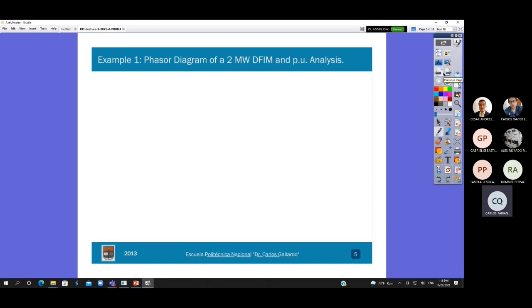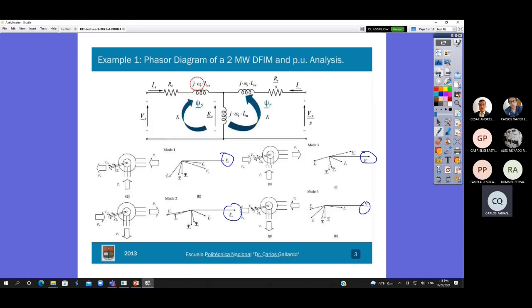So this indicates that when the reactive power is 0, the stator current phasor yields the following. Pay attention to this part.